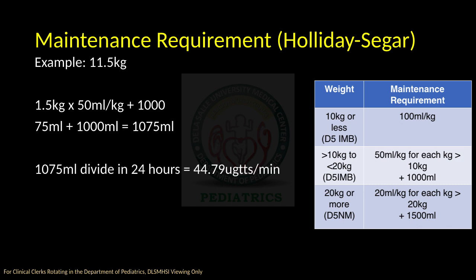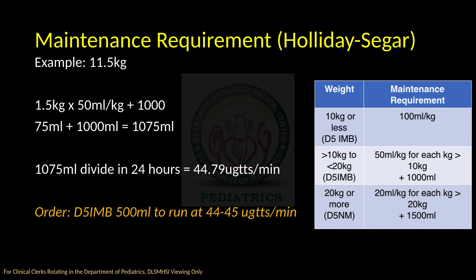Then divide that value by 24 and you will get 44.79 microdrops per minute. So order in the chart D5-IMB 500 cc to run at 44 to 45 microdrops per minute, or when using a macro set, divide the value by 3. So order D5-IMB 500 ml to run at 14 to 15 drops per minute.